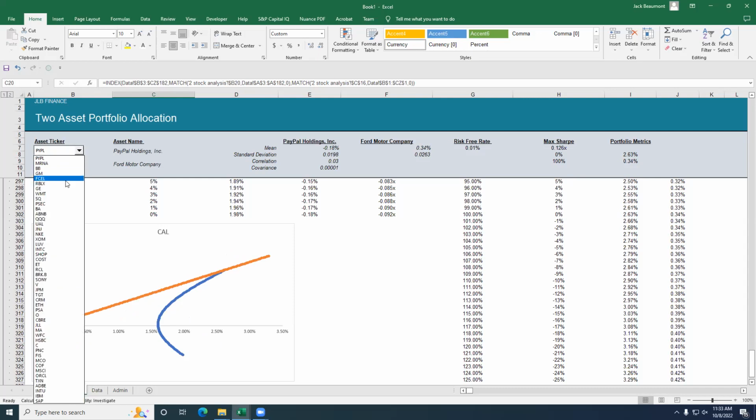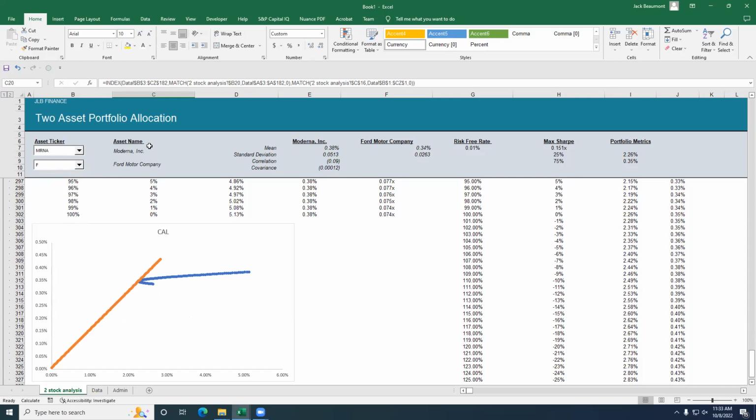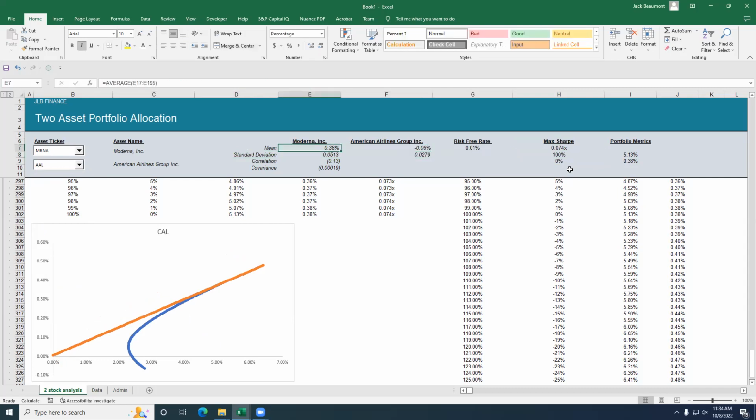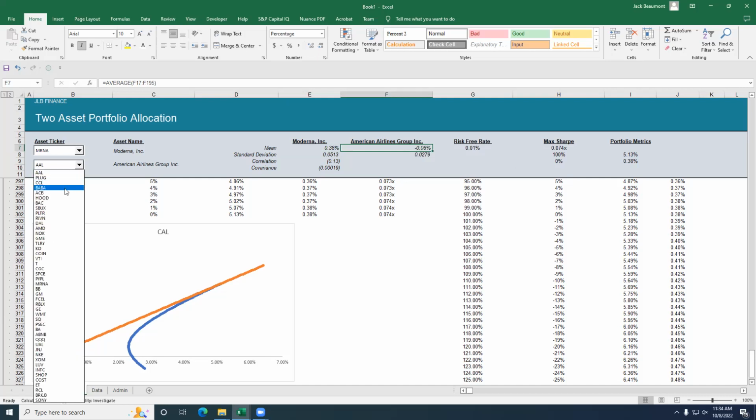Let's get Moderna, and let's do Apple. Okay, so you see here it has a max Sharpe ratio. It's saying the optimal portfolio is 100% Moderna, because, wow, you can see its returns are very high compared to, okay, that's American Airlines, not Apple, my bad.